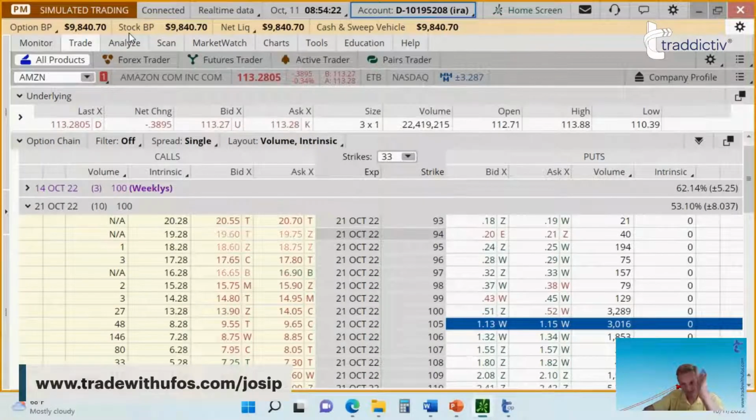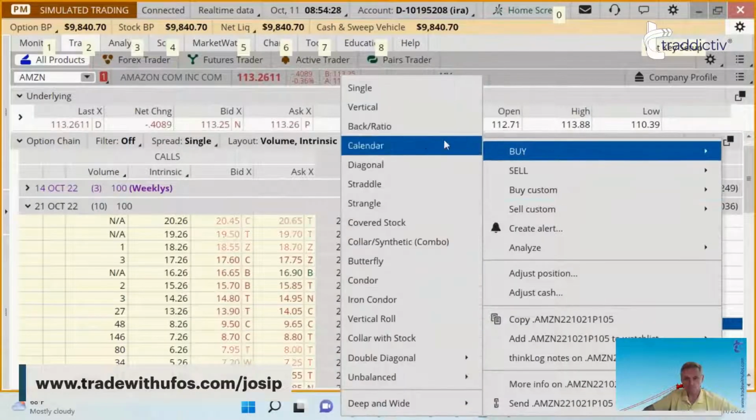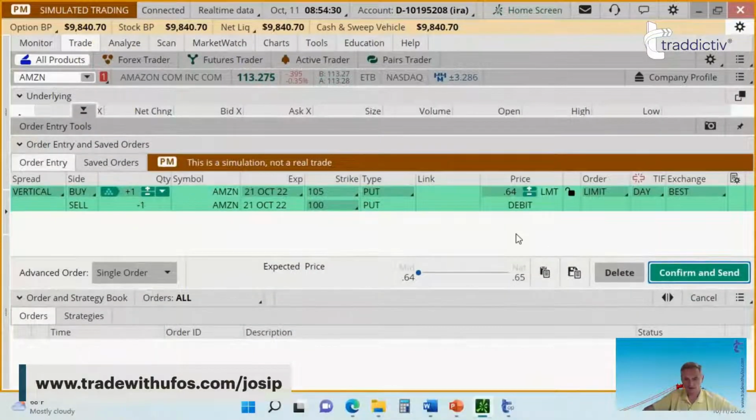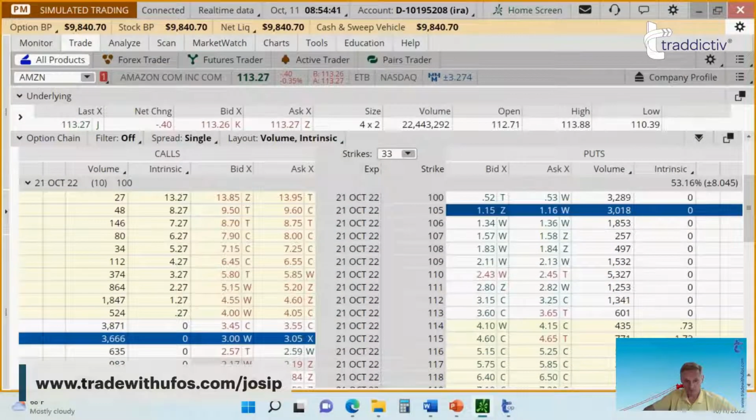Okay, so my first thing is that I'm buying this for 64 cents, and it's one contract.